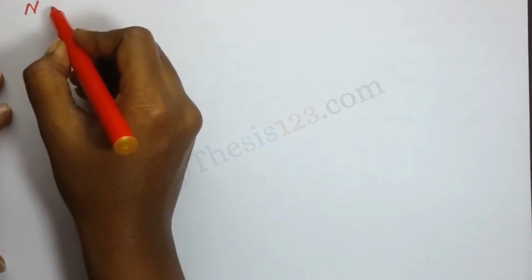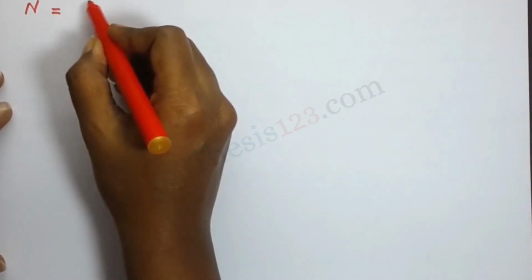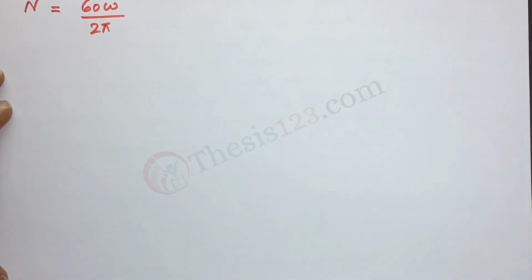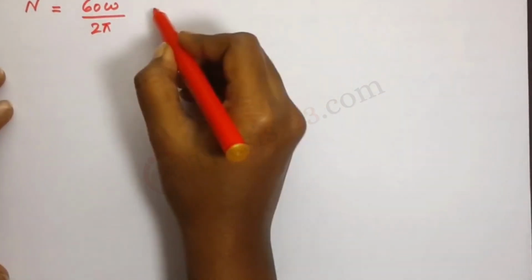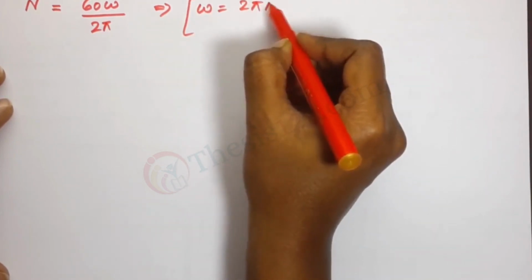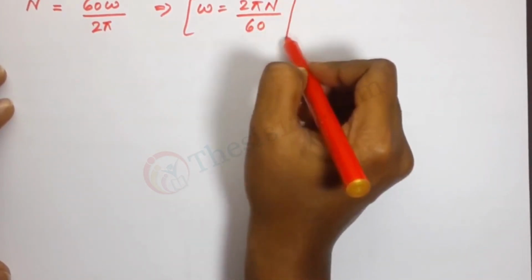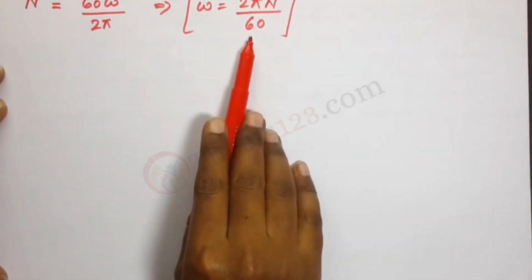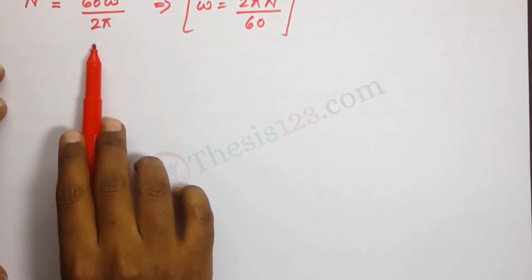And n in terms of angular velocity is 60 omega by 2 pi. How do we get this? We get this from the formula omega is equal to 2 pi n by 60, right? So the expression for n would be 60 into omega by 2 pi.